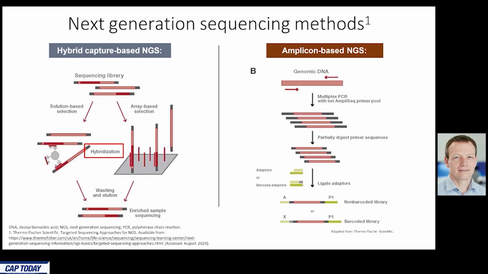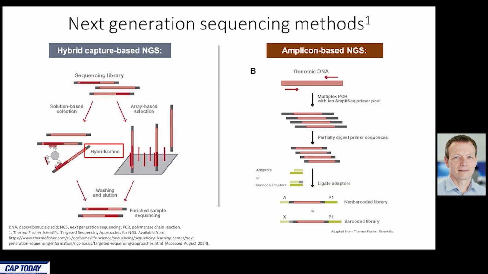There are basically two NGS methods which differ mainly in terms of target enrichment. The first is the hybrid capture-based method, which uses DNA probes, which are complementary to the sampled DNA. And this hybridization takes a little bit longer, but it's able to catch not only the target sequence, but adjacent DNA areas from the sample DNA.